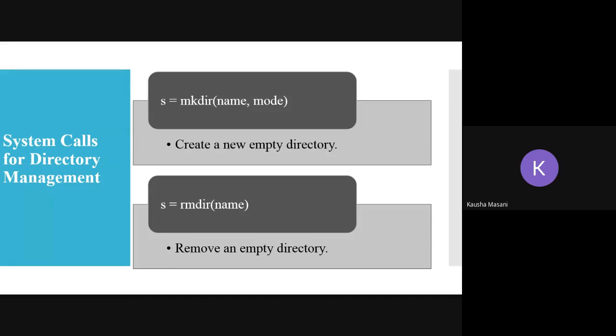Now you can access these directories by your command prompt too. For example, if you want to make a completely new directory, you use mkdir. It is the make directory system call, in which you need to give the name you want to keep for the directory, and the mode, meaning in which mode you want to keep it: readable, writable, or read-write both.